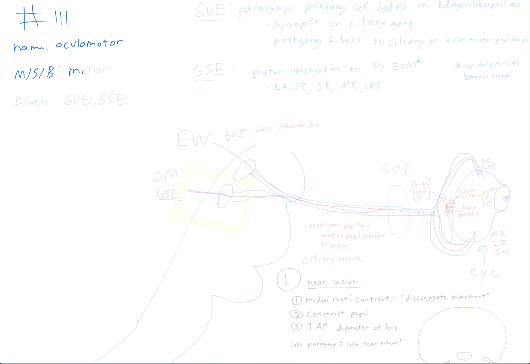The targets that you need to know, they are going to the ciliary muscle, and they are going to the constrictor pupillae. You might also see the constrictor pupillae called the sphincter pupillae muscle. It's the same thing.